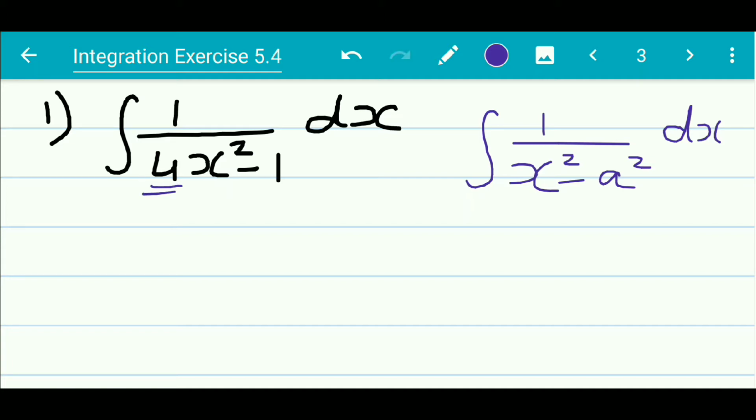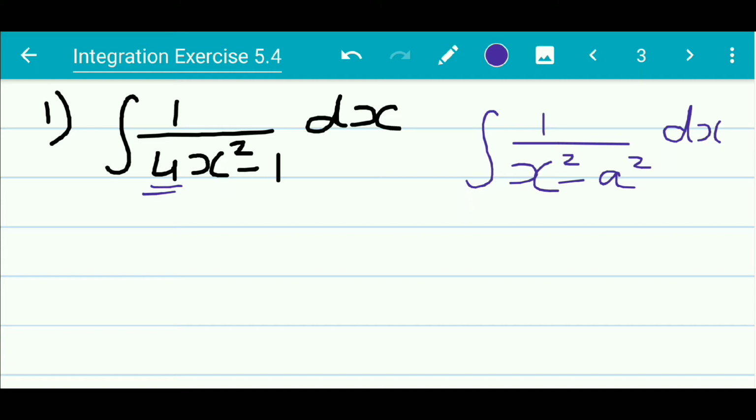The first step is to remove this 4 so that the coefficient of x square becomes 1. Now the best method of removing the 4 is by dividing the term with 4. Isn't it? 4 and 4 get cancelled and thus it becomes 1. But then if we divide by 4, we also have to multiply by 4 over here in the denominator.